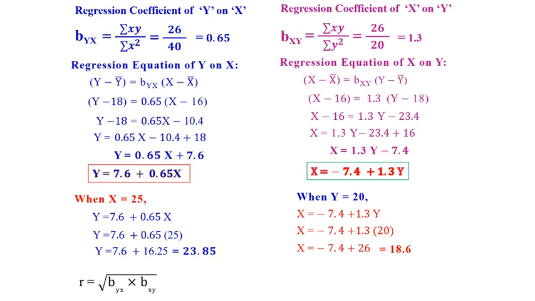So let us multiply them and find out the square root. Equals 0.65 into 1.3. So the correlation coefficient will be 0.9192.